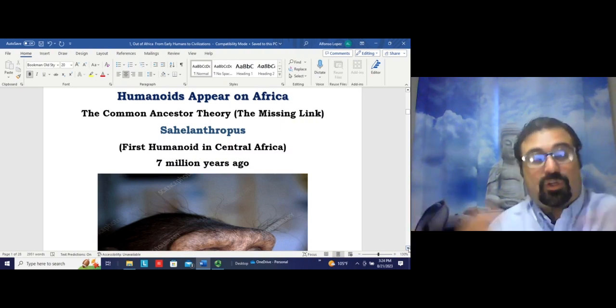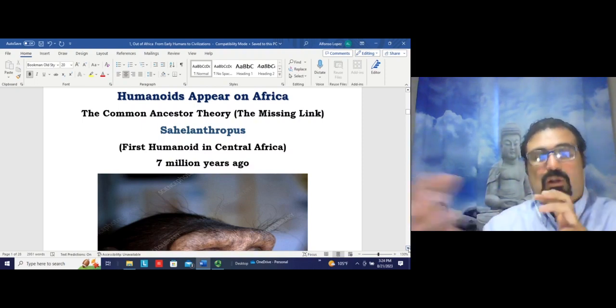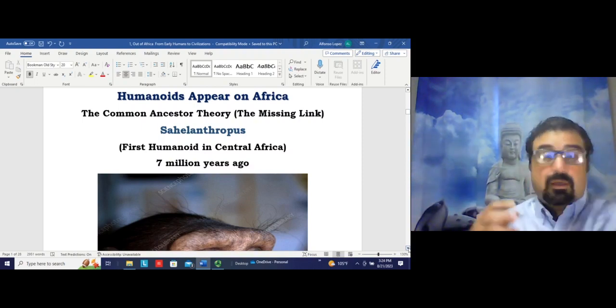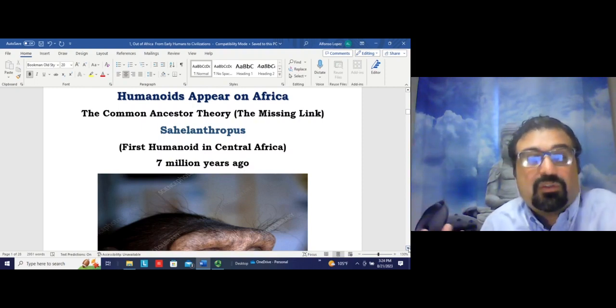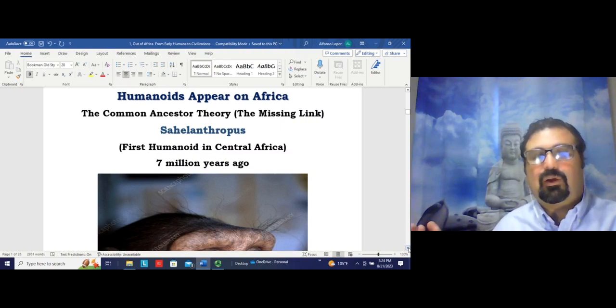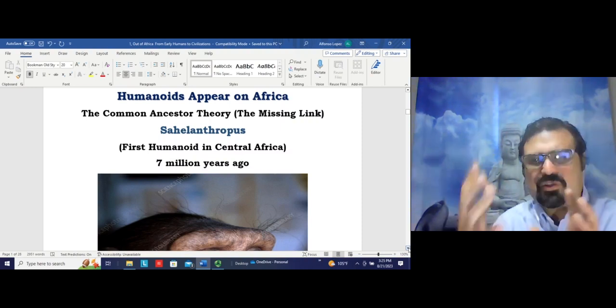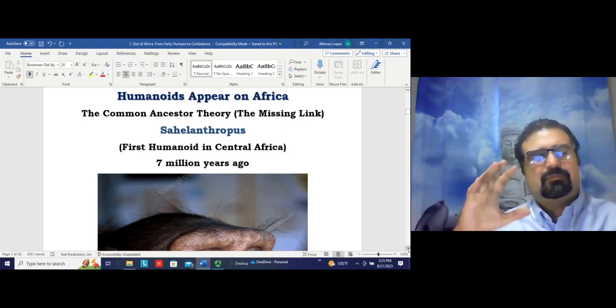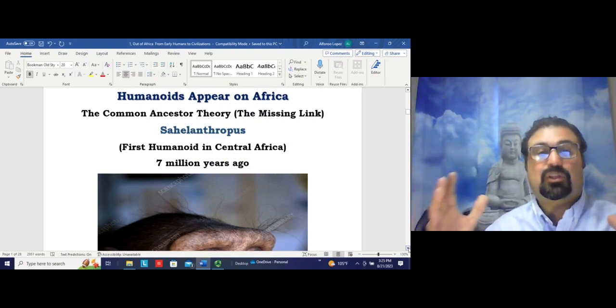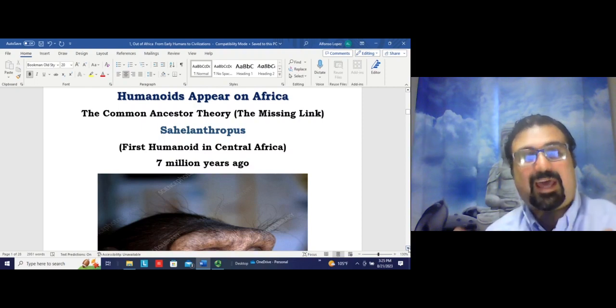The assumption is we share a common ancestor because of how close our genetics are, of course. There's a close connection. But what was that ancestor? We have no idea. No link, no fossil, no remnant, no skull, no skeleton has been found to determine what that ancestor is.